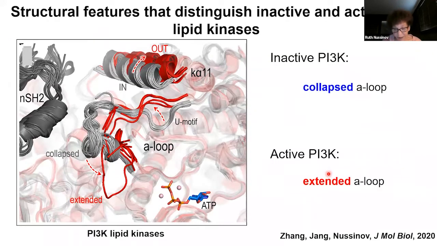Now, we were wondering, in the literature, there are many papers trying to set the criteria that differentiate between the active and inactive states of protein kinases, none for lipid kinases.